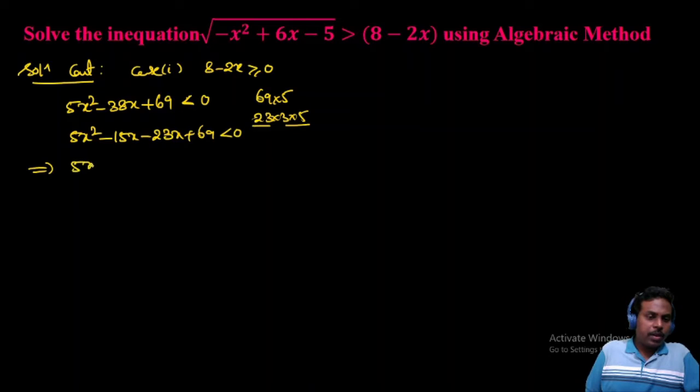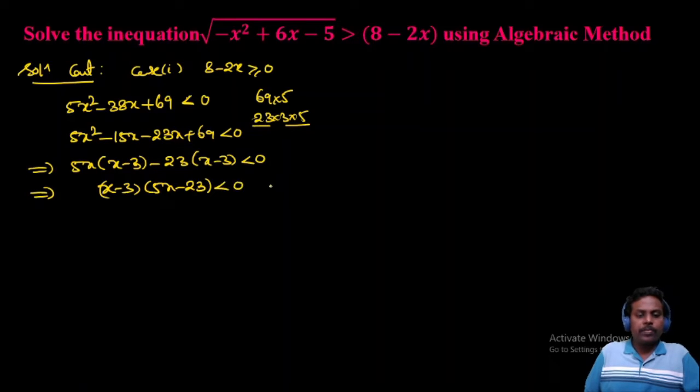If I take common, it is 5x into x minus 3 minus 23 into x minus 3 less than 0, so x minus 3 into 5x minus 23 less than 0. So this implies x belongs to the interval 3 to 23 by 5.